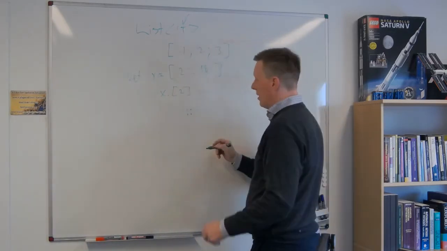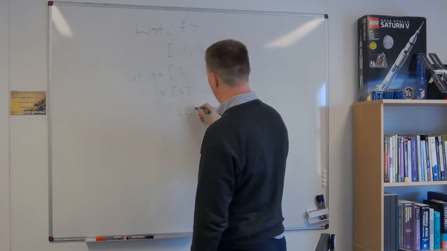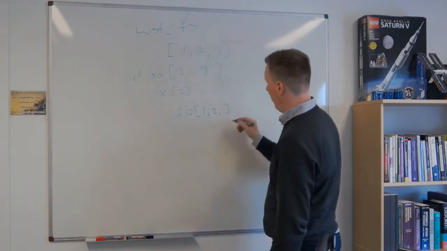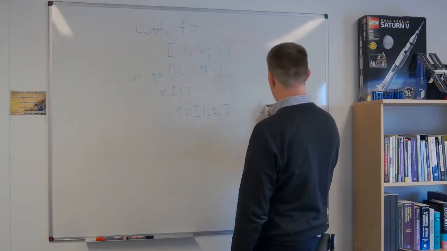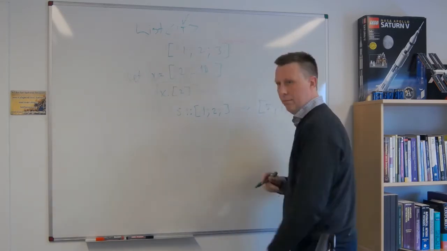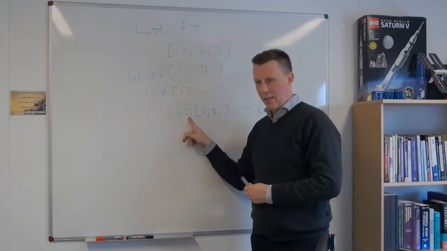You can say something like 5 cons 1, 2, and this would produce the list 5, 1, 2. Note that this always goes to the head of the list.